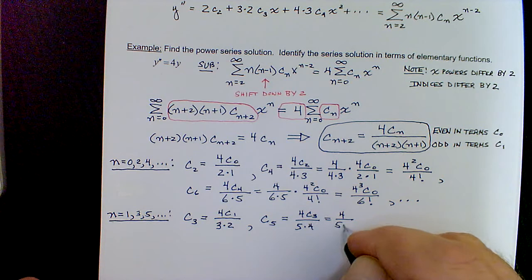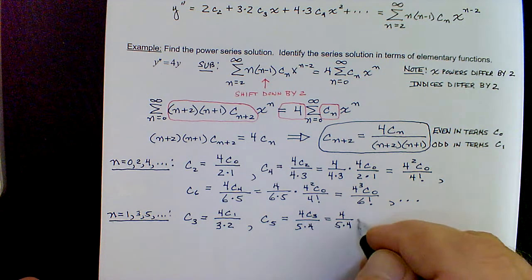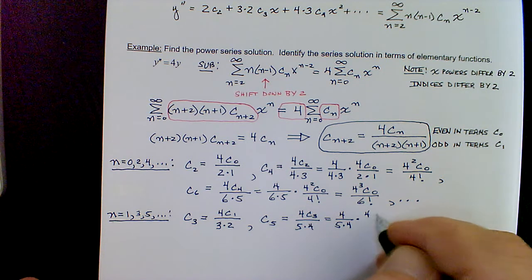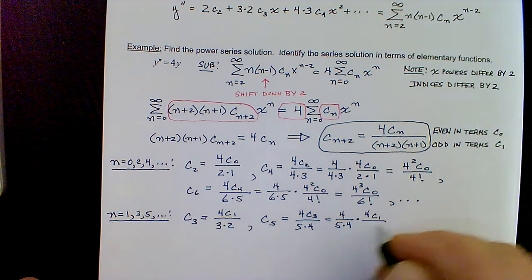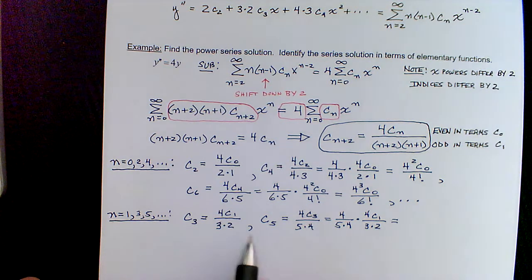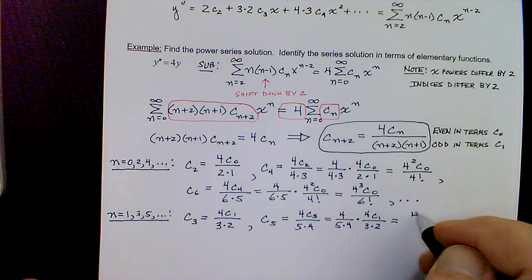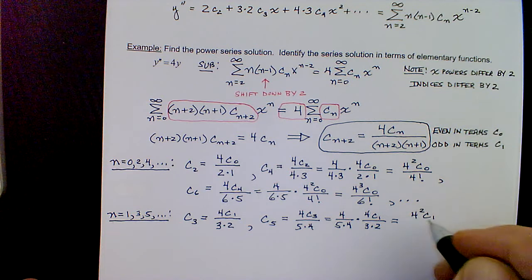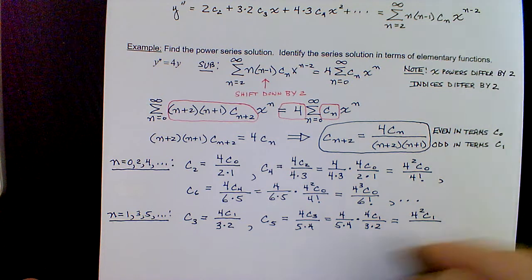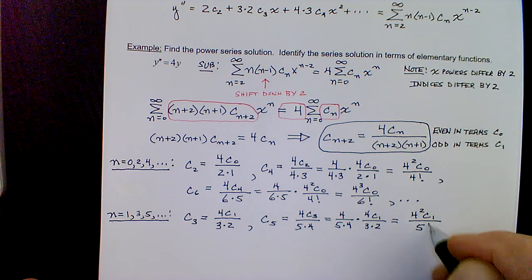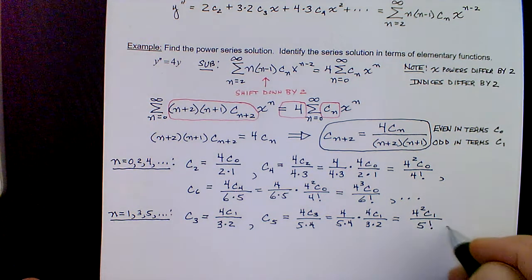That's 4 over 5 times 4 times c sub 3, which was 4 c sub 1 over 3 times 2. Probably should have just called this 3 factorial, because obviously now we've got 4 squared c sub 1 over 5, 4, 3, 2. Add a 1, you got 5 factorial.